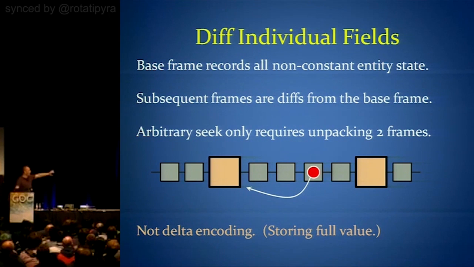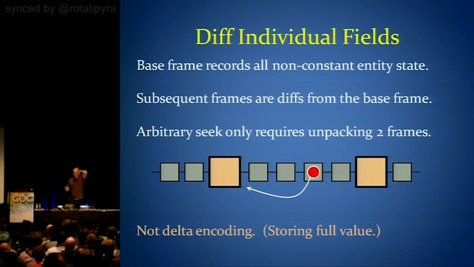And this again is another massive win. In Braid, I put base frames every 2 seconds, I believe, in the final builds. So that's every 120 frames. This gets rid of probably 95% of the memory usage or something like that.